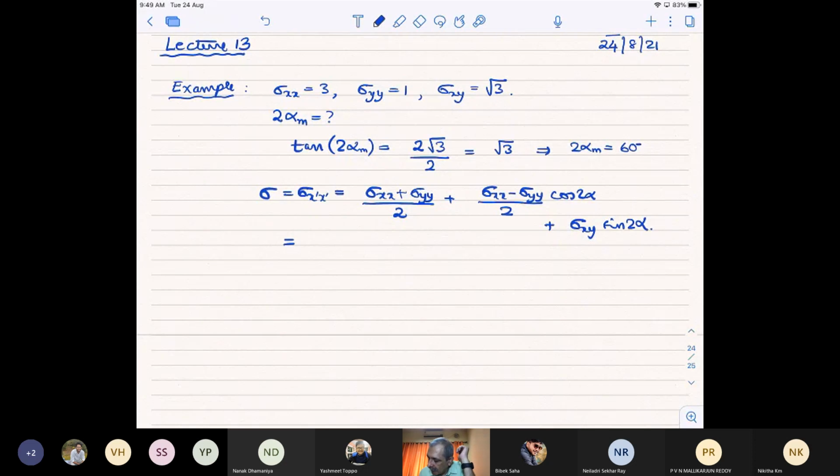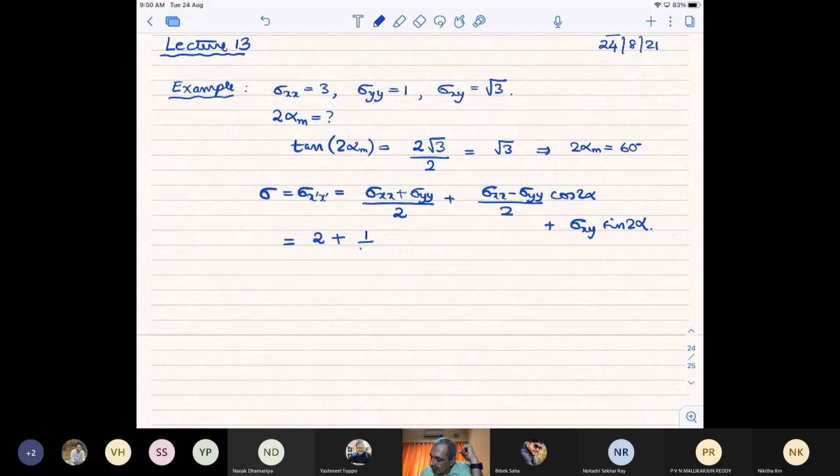So this, if we write down now, substitute for this sigma xx plus sigma yy by 2. This is just equal to 2, 3 plus 1 by 2. Then sigma xx minus sigma yy divided by 2, that is 1. And cos of 60 is what? Does anyone remember? 1 by 2.